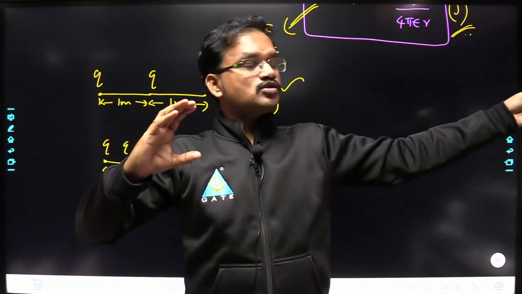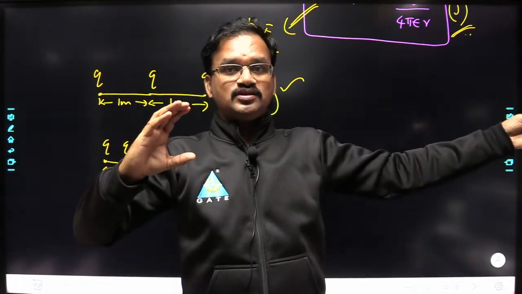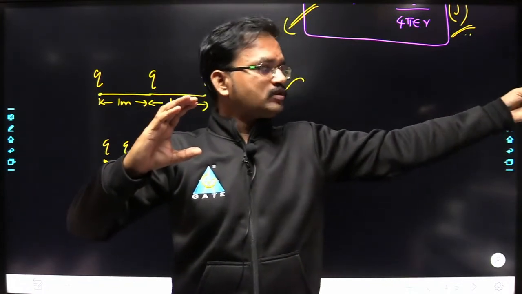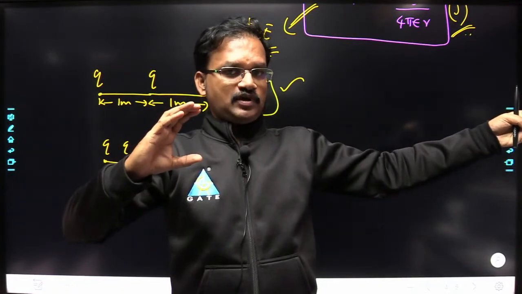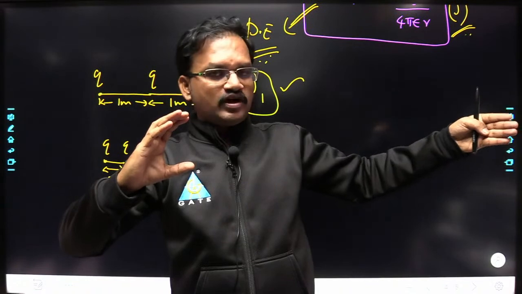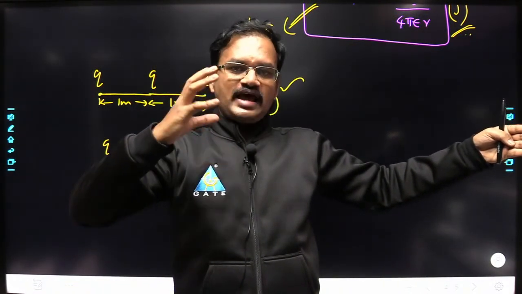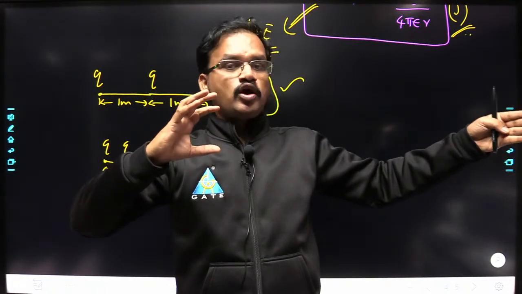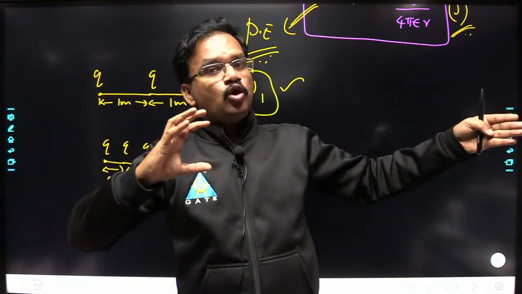Understood? Okay, so whatever work I am doing is going to develop as potential energy in the system. So now I have moved that charge to this location, and now the potential energy in the system is something. Understood? Now if I want to move further, whenever I am moving further, the repulsive force is going to be more or not? Yes or no? Or the force exerted by this charge distribution is going to be more. So against that force, if I want to move, I have to do more work.